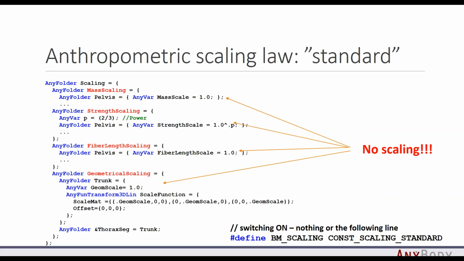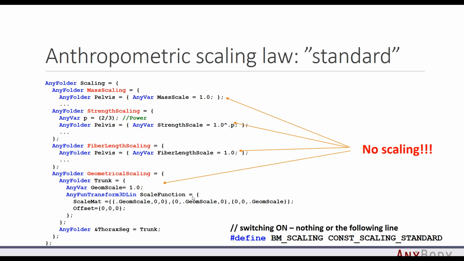So internally we have a piece of code that defines this structure. And maybe again this looks a little bit scary, but I just want to explain the principle. Please do not concentrate on the text itself. What I want to show you is that inside of the scaling law we have folders related to the mass scaling, the strength scaling, the fiber length scaling, and geometrical scaling.